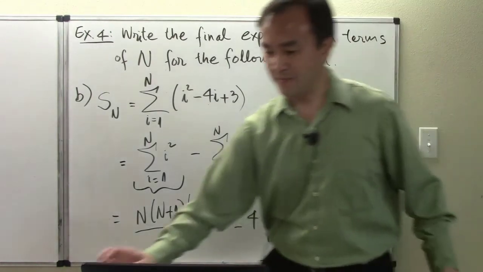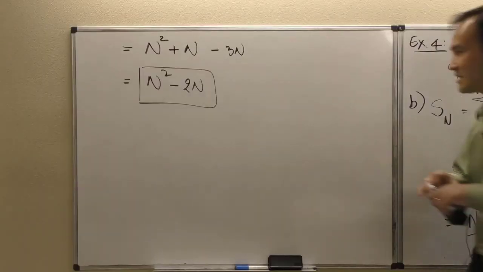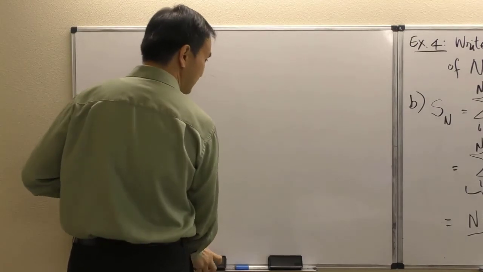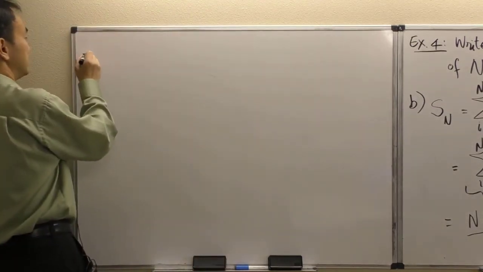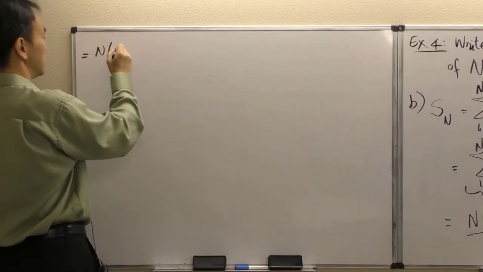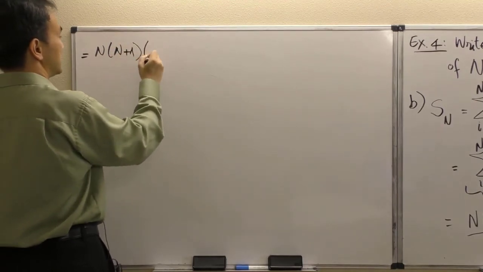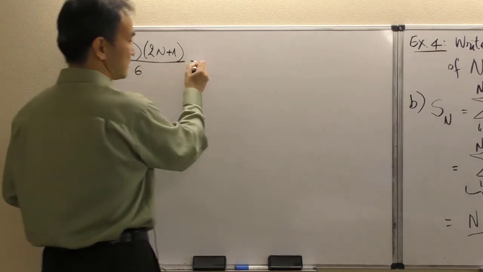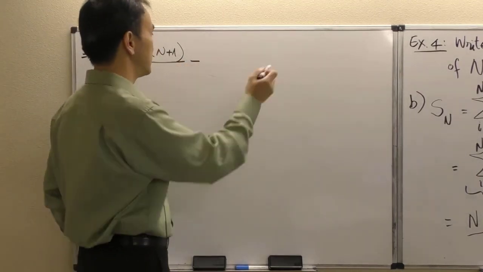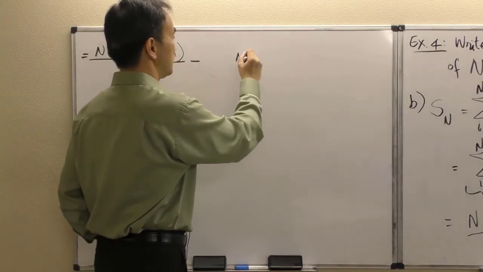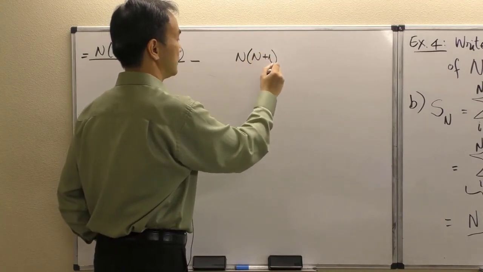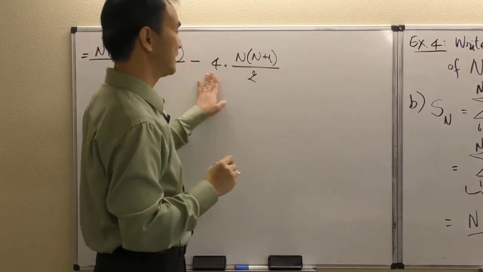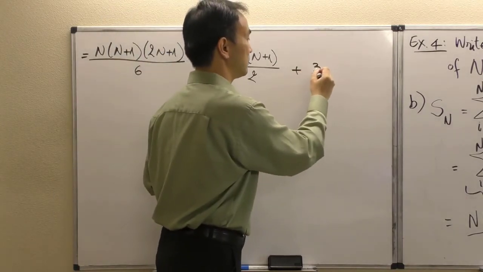So the first term is n times n plus 1 times 2n plus 1 all over 6. The summation of the i terms gives me n times n plus 1 over 2, but now there's a coefficient 4 in front of that. And the last term here is now 3n.